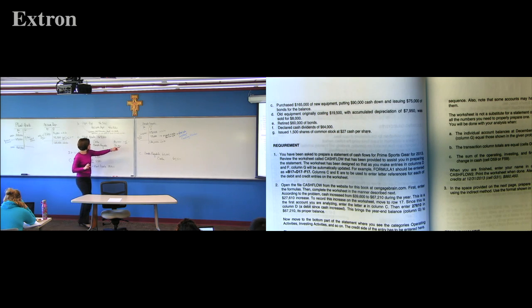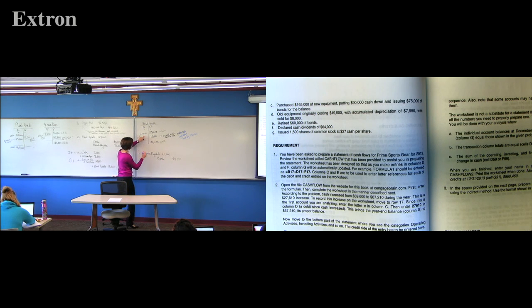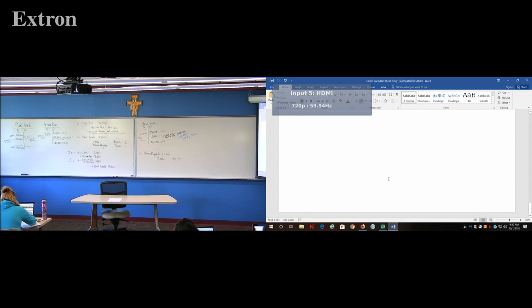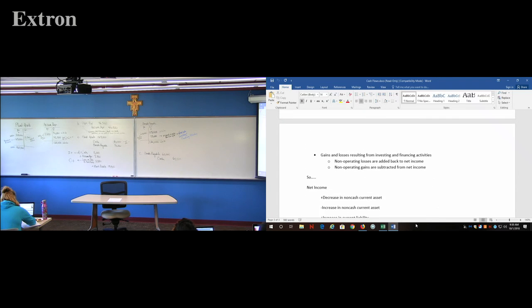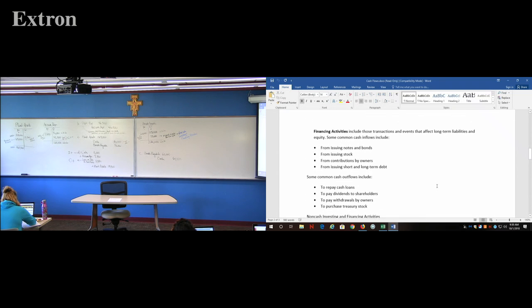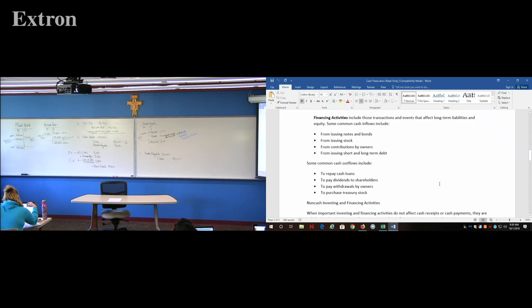Okay? This $60,000 of bond retirement, I did pay cash for that. So that is definitely going to be, let me switch back over so you can see my notes. Okay, here's the financing activity section.